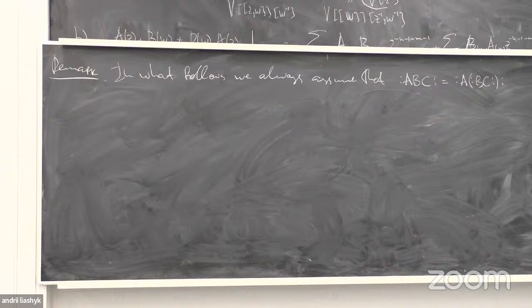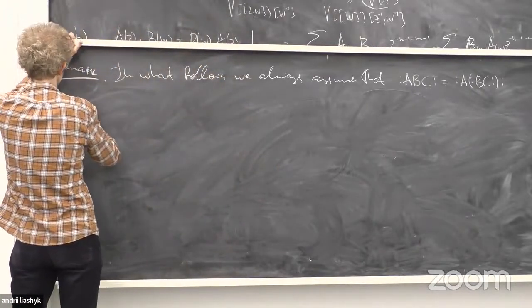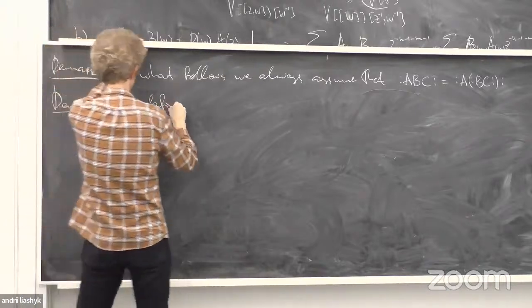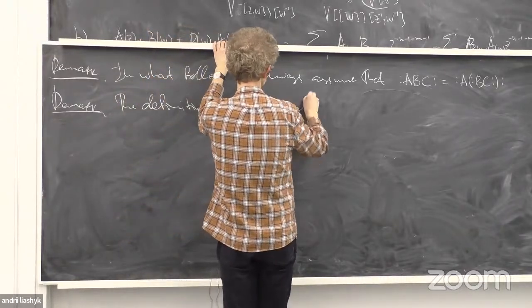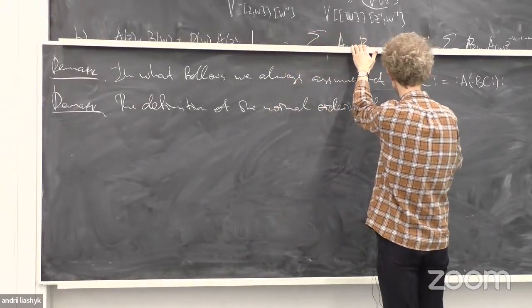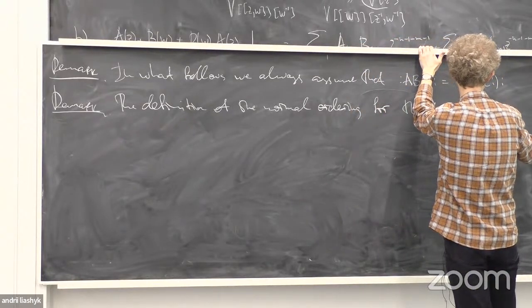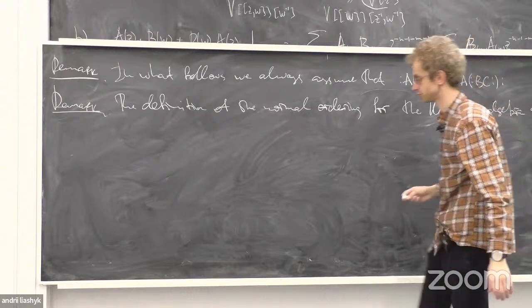Okay, so in order to somehow check, for example, that the, yeah, maybe one more remark is that the definition of the normal ordering for the Heisenberg algebra agrees with the general definition.